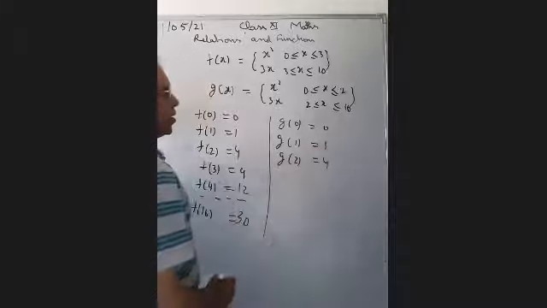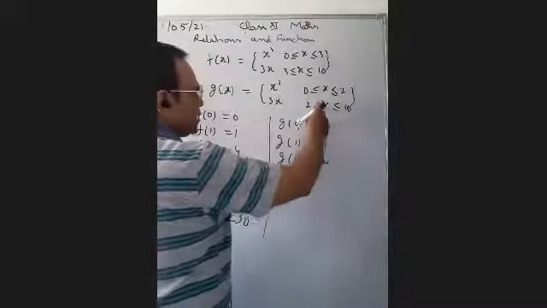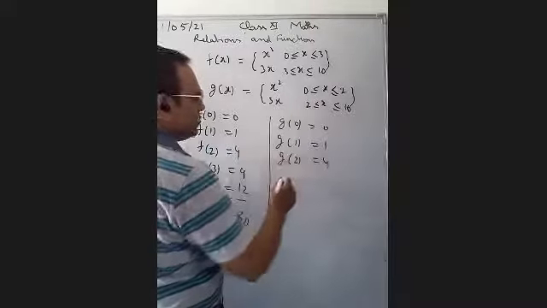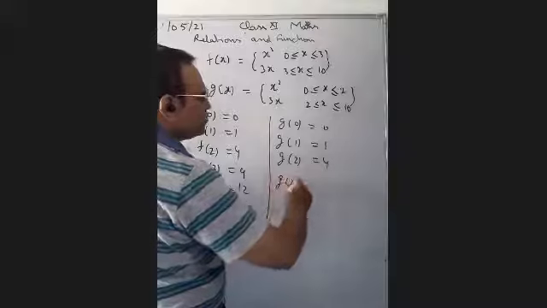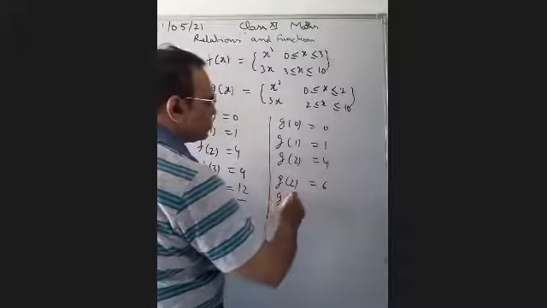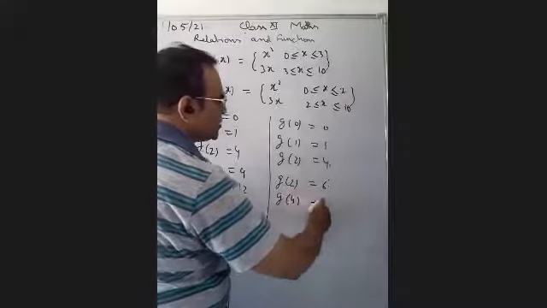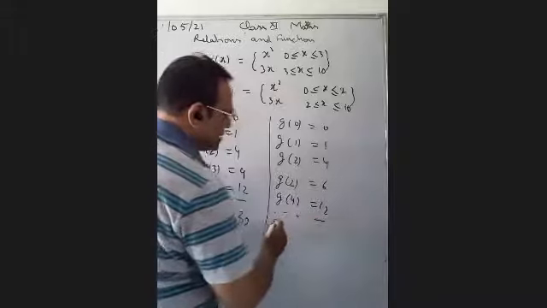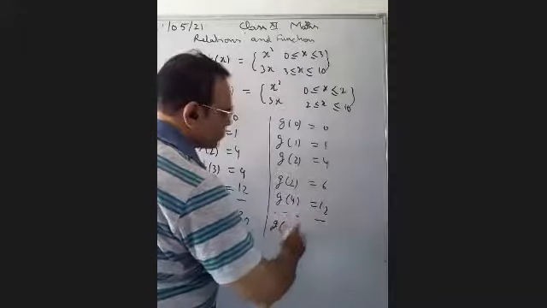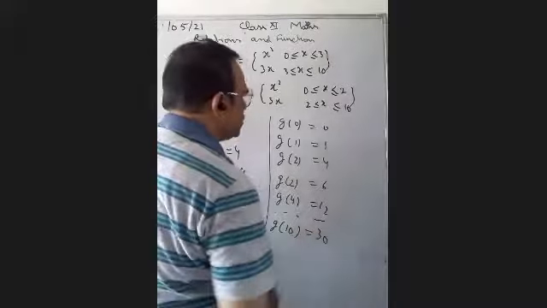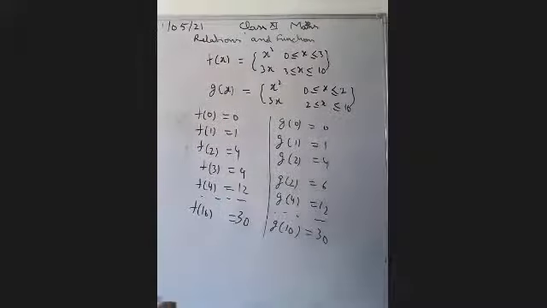Or if x is equal to 2, here also we can put it in this relation, we get g(2) equal to 6, and g(4) equal to 4 times 3 is 12, and so on, g(10) equal to 30.